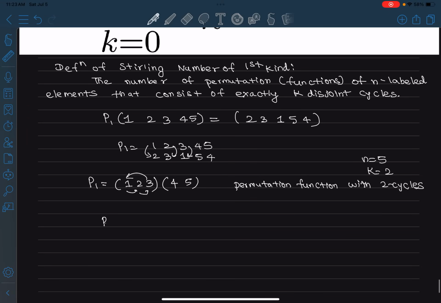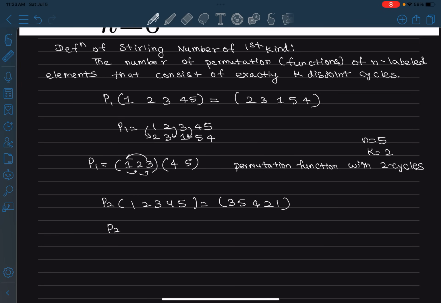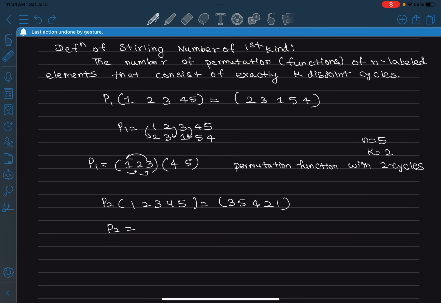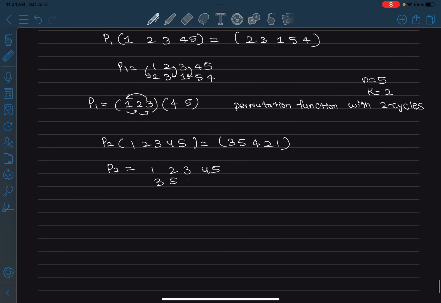Let's say p2 takes 1 2 3 4 5 to, let's say, 3 5 4 2 1, something like this, right? Now for this one, let me first write it in a different notation: 1 2 3 4 5 goes to 3 5 4 2 1, right?